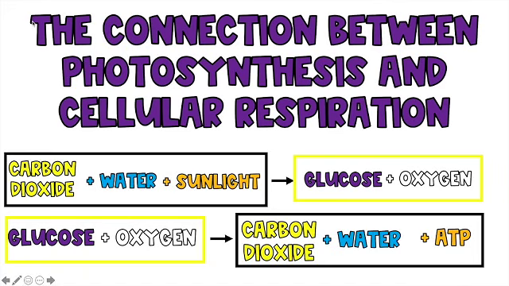So as we breathe out that carbon dioxide and water, and our cells are using that ATP, we are providing for plants and producers that carbon dioxide that they need to photosynthesize. So there is this connection between plants and animals, plant cells and animal cells, and photosynthesis and cellular respiration.